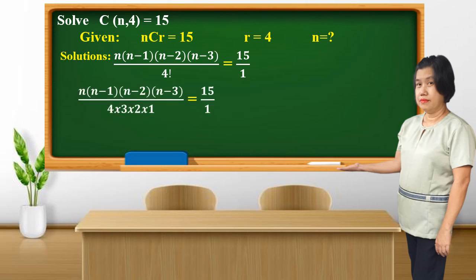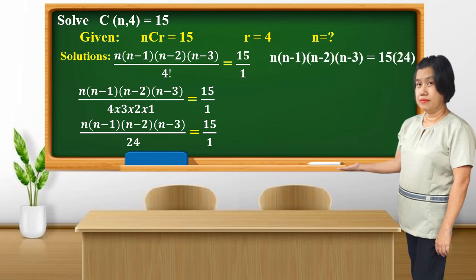So, we have n times n minus 1 times n minus 2 times n minus 3 divided by 4 factorial, which is 4 times 3 times 2 times 1, is equal to 15 over 1. We have n times n minus 1 times n minus 2 times n minus 3 all over 24 is equal to 15 over 1. By using cross multiplication, we will have n times n minus 1 times n minus 2 times n minus 3 is equal to 15 times 24.